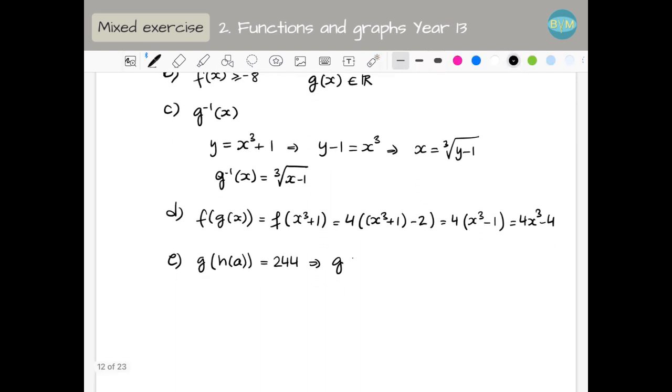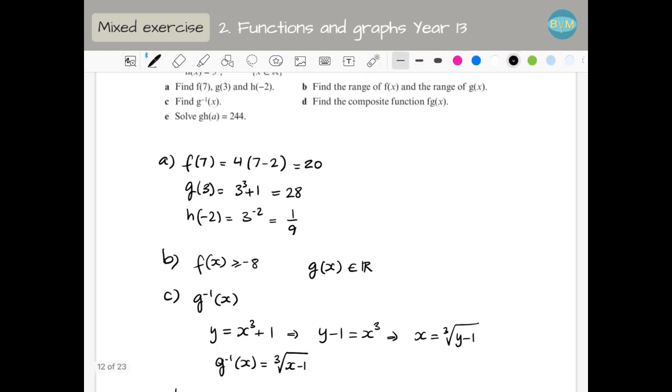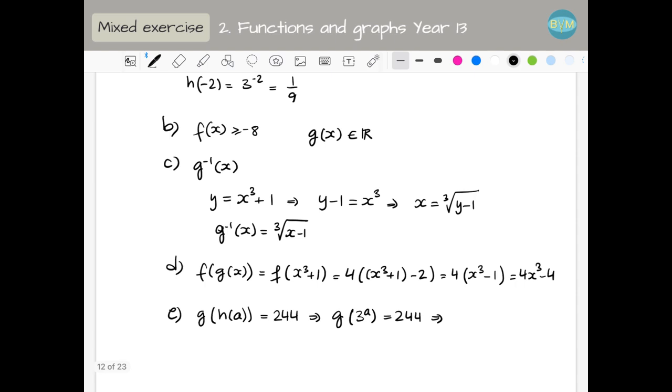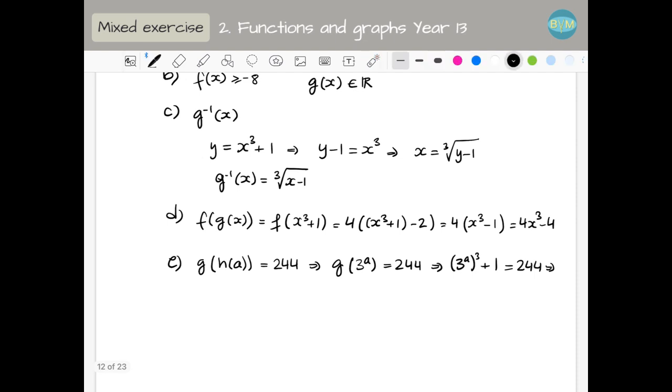So we are going to find g of 3 to the power of a, and we are going to make it equal to 244. g of this value is going to be that value cubed plus 1. So we are going to cube that 3 to the power of a, and adding 1 is going to be 244, which means power of a power, I'm going to multiply the exponents. So I have 3 to the power of 3a is going to be equal to 244 minus 1, which is 243.